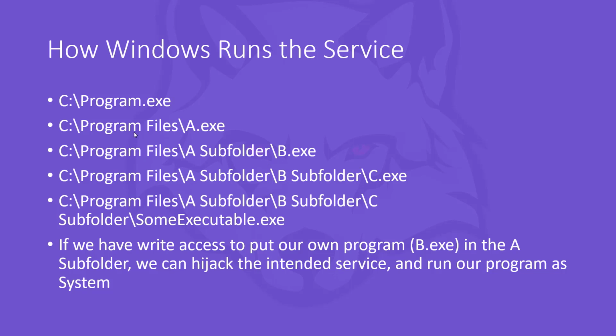And that's going to continue on and on until it finally gets to the actual executable that it's going to run. This becomes a vulnerability because if we have the ability to write to, say, the A subfolder, we can put our own program in there called B.exe, and that is going to run instead of the executable that was intended to run as the service.